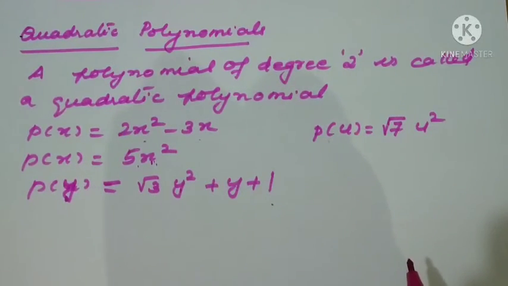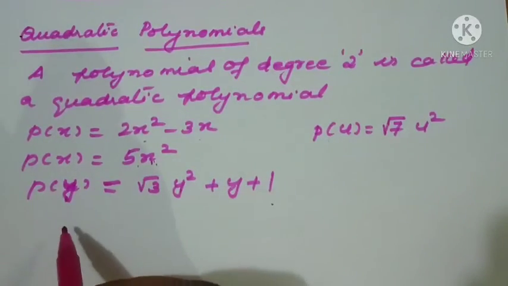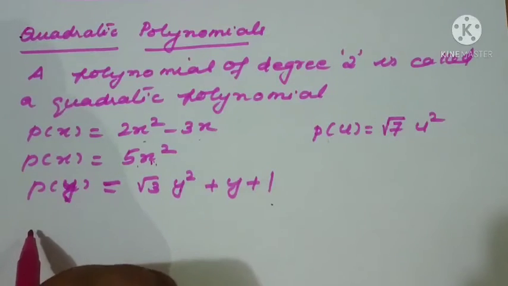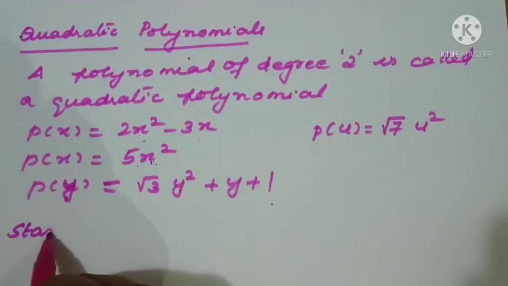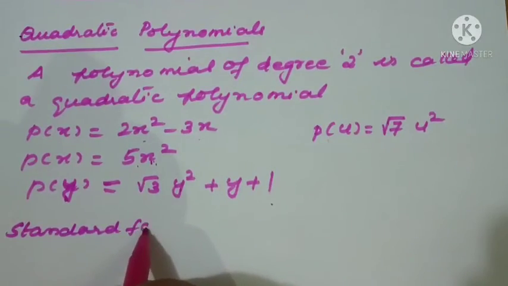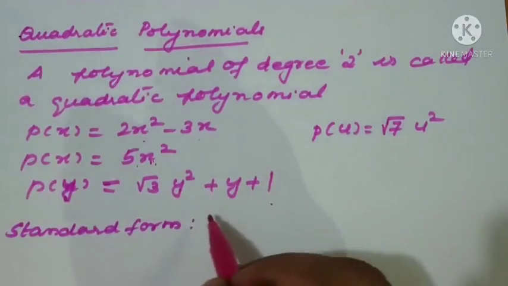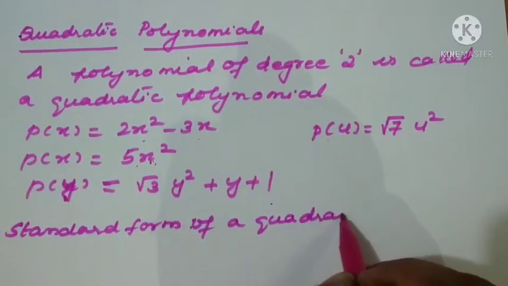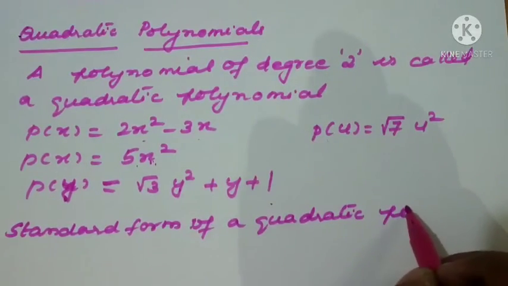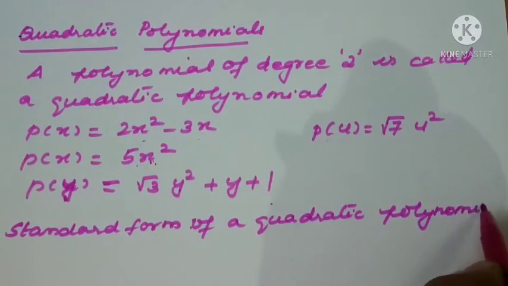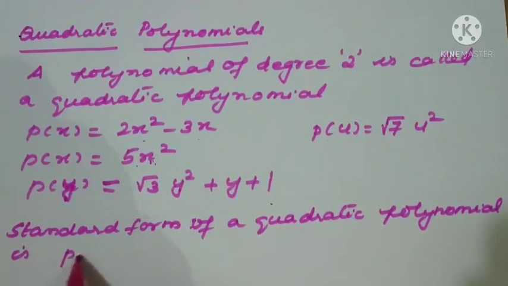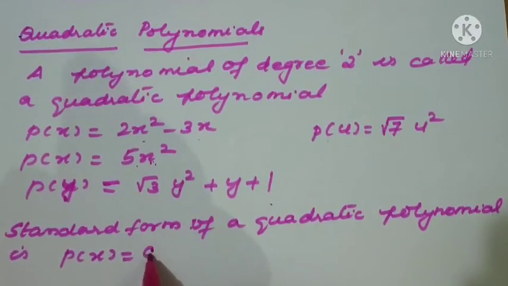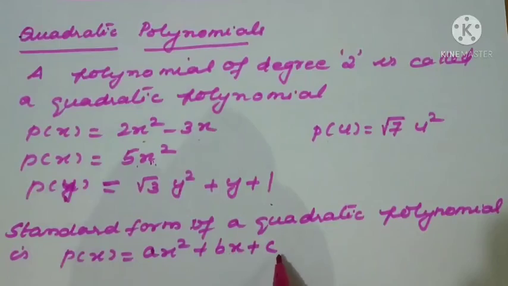Now what is the standard form of a quadratic polynomial? When we have written ax plus b as the standard form for a linear polynomial, now we can write the standard form of a quadratic polynomial: p of x equal to ax square plus bx plus c, the degree 2, then decreased by 1, and then the constant.